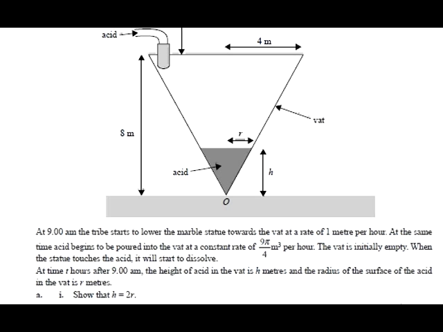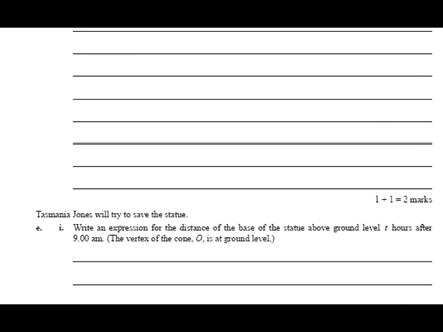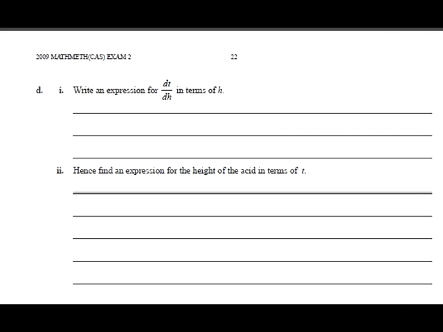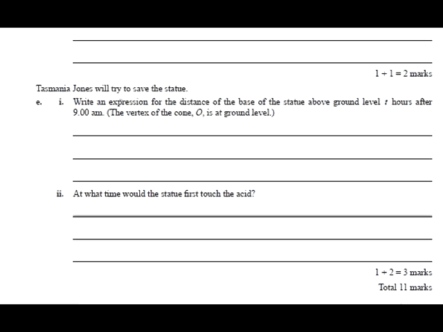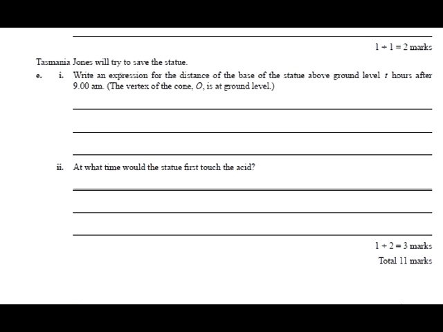Okay, coming back to our question, part E. We're almost done with this exam. So close. Part 1. Write an expression for the distance of the base of the statue above ground level t hours after 9 AM. Okay, so up to now we haven't talked about this statue that's coming down.